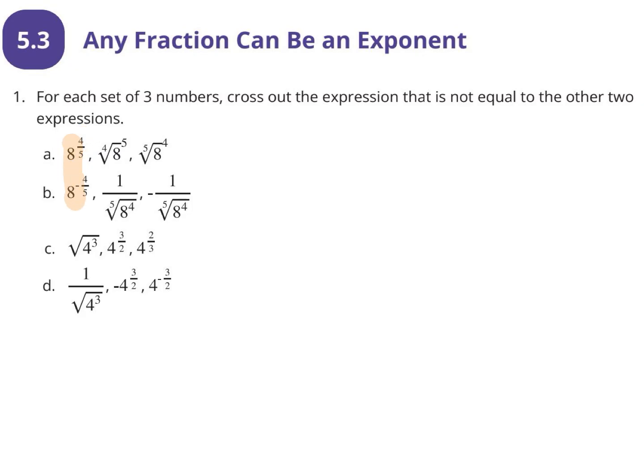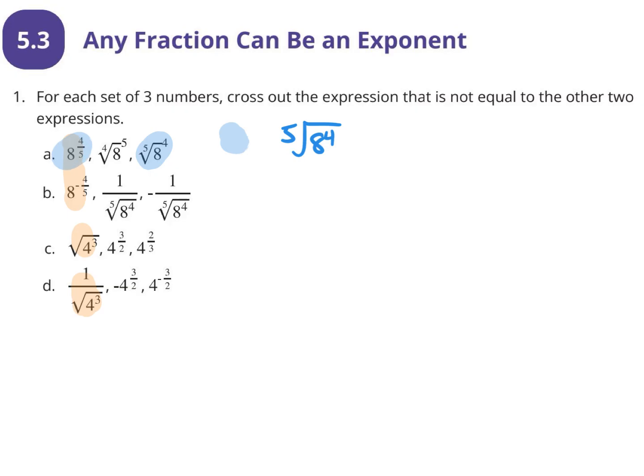So transform the first one so it matches the other two. Start with A in blue. 8 to the 4/5 is the 5th root of 8 to the 4th, which matches the last one. So these two match each other.